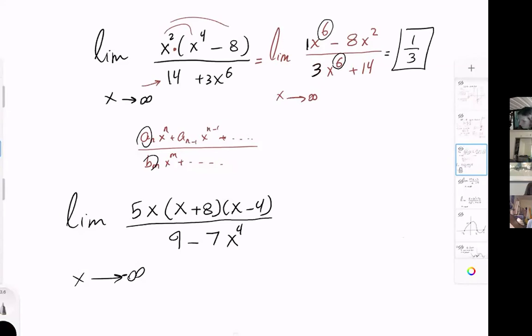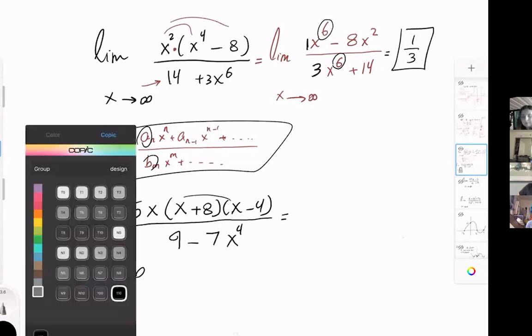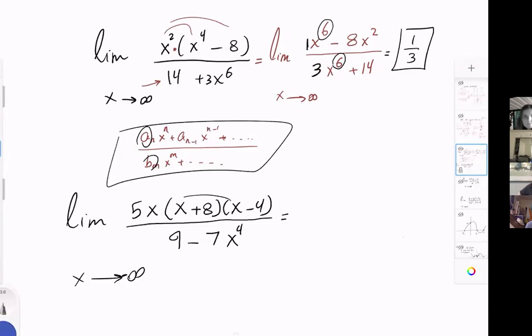Second one, again, it goes to negative infinity, but we need to make a standard polynomial. So if I multiply this, I'm going to get x squared plus 4x minus 32. Then I'm going to multiply this by 5x squared.